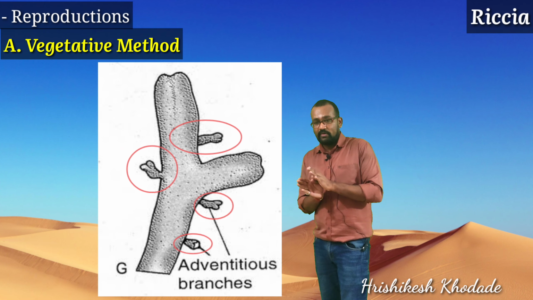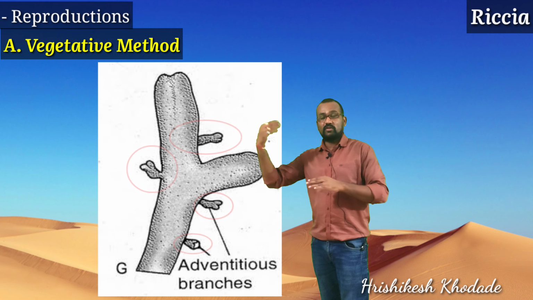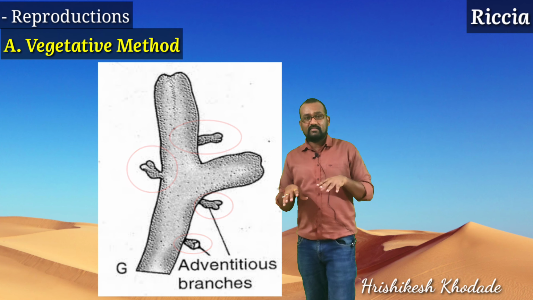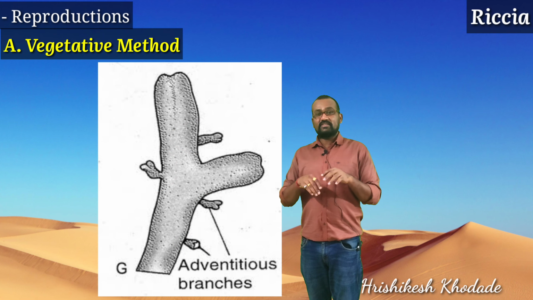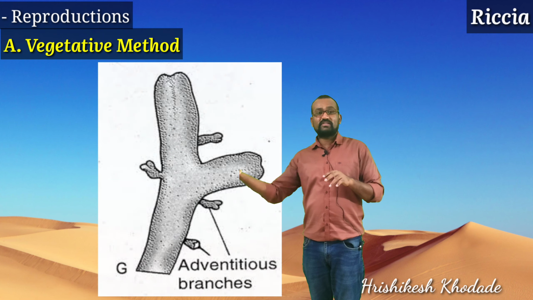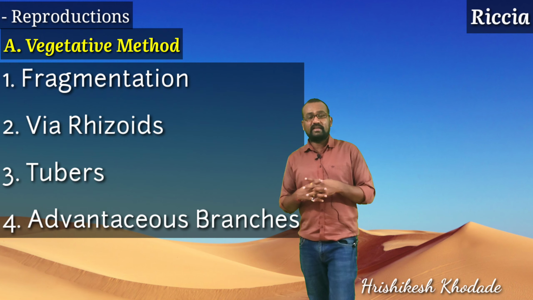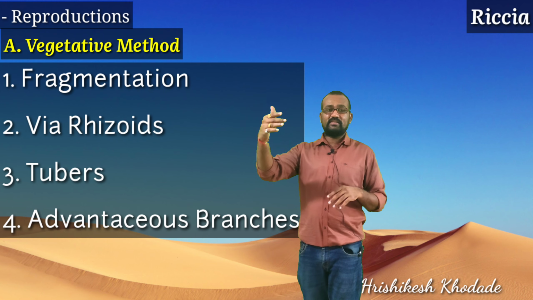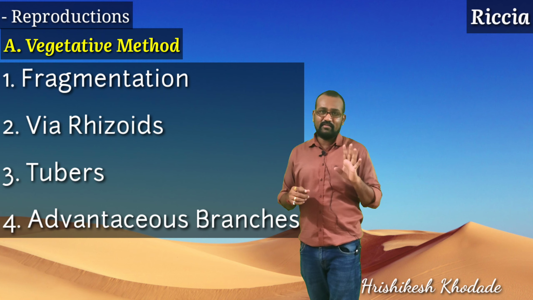Some branches are produced by the thallus which are specialized for the purpose of reproduction of the new generation. Such branches are produced by the plant itself. These branches, when they touch the ground, produce a new thallus. So we have seen four different types of vegetative reproduction in Riccia, where for continuation of the species, Riccia has adopted very incredible methodologies.